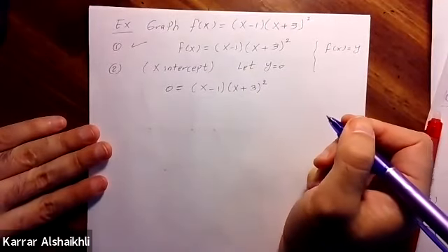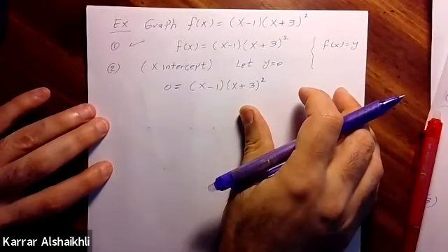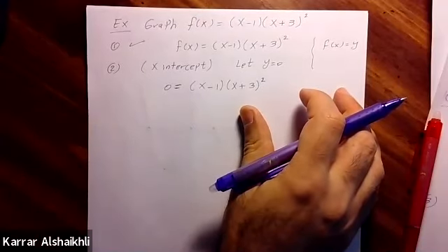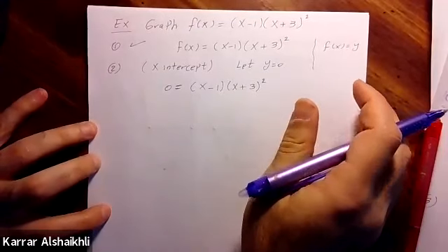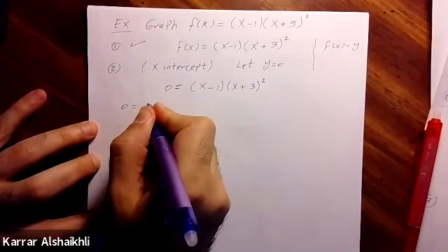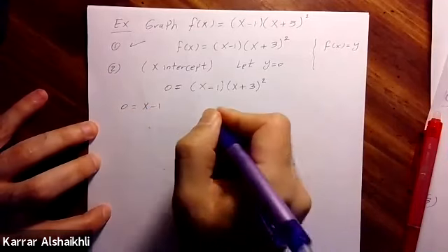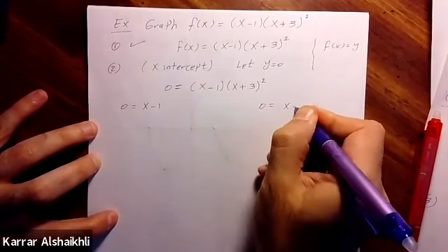Now, next step, we need to find the value of x so we can find the point at the x-intercept. Now, how are we going to find that? We're going to use the zero factor property. That means 0 is equal to x minus 1 and 0 is equal to x plus 3.